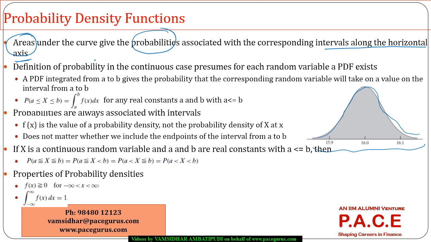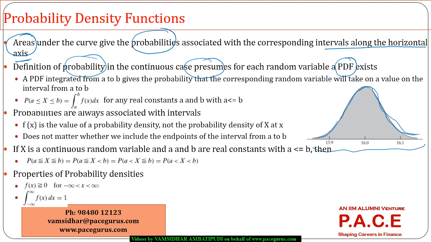So, to define a probability for this particular random variable, I presume that for each random variable a probability density function exists. The probability density function is the equation associated with this kind of shape.